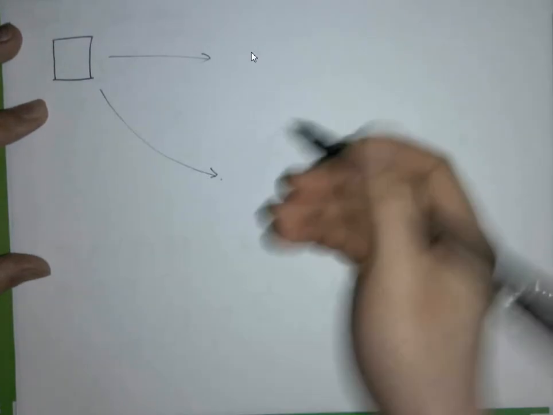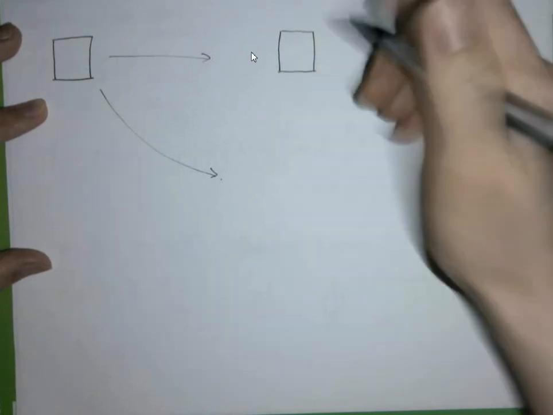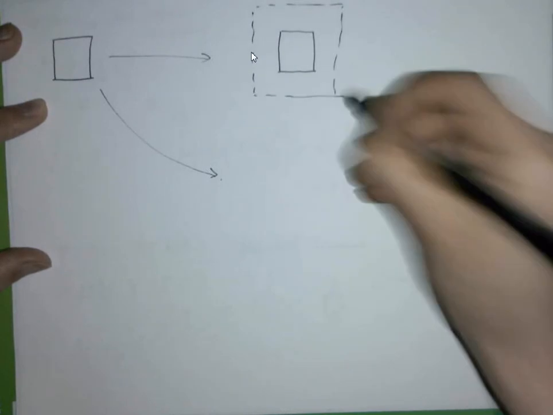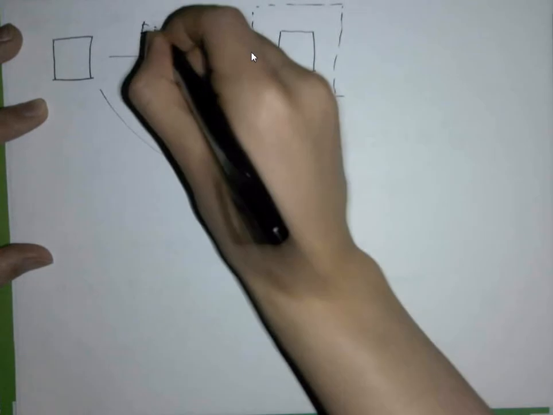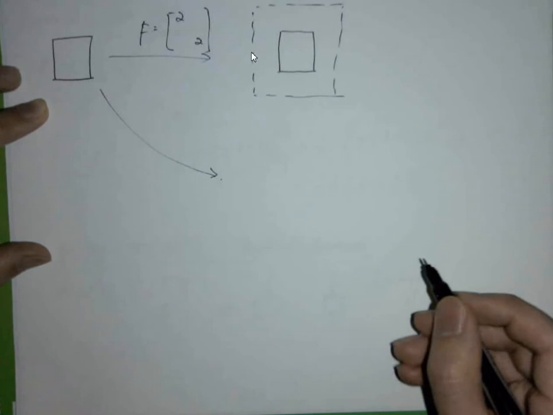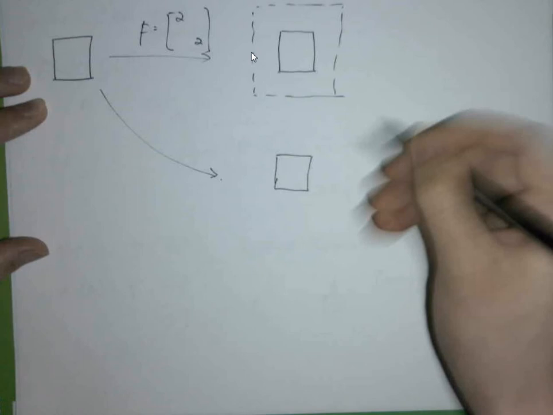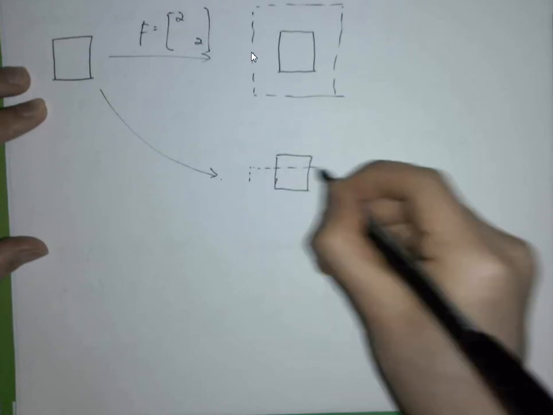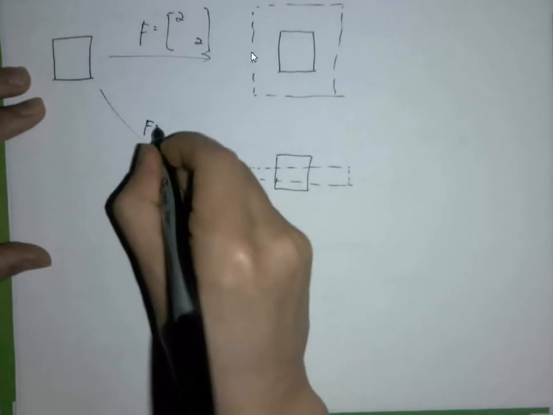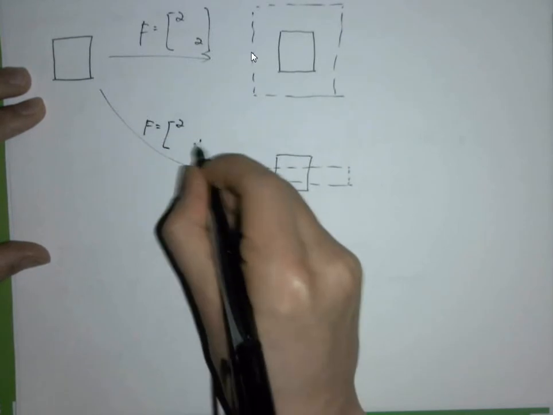The first one is to pull it out to a bigger square, so the deformation gradient is something like 2, 2. And the other deformation gradient is to pull it out in one direction and compress in another direction, and the deformation gradient F here equals 2, 1/2.